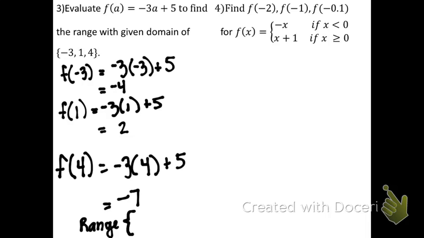And we start off by writing the first output, which is 14, 2, and negative 7. And that's our range. That's our output.